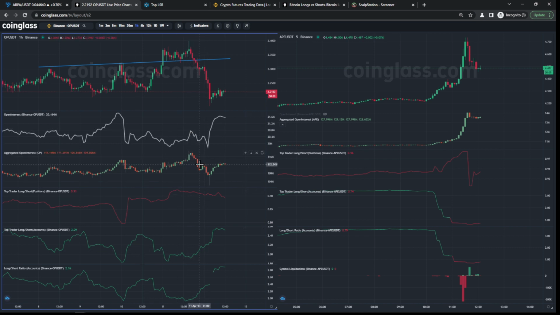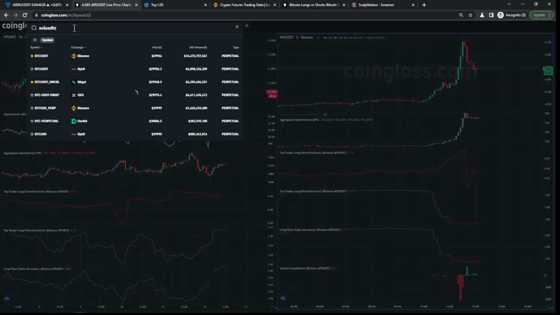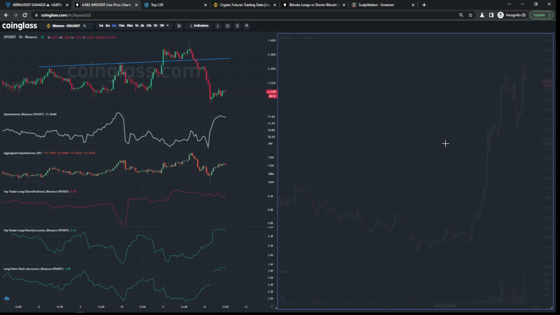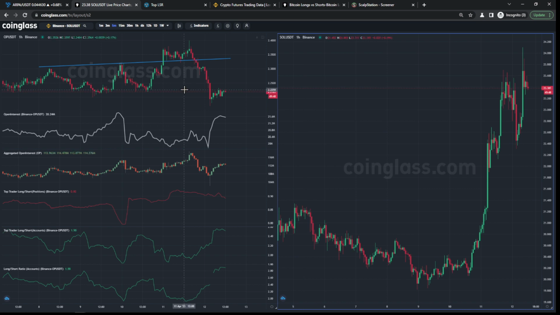So open interest is the amount of contracts that are open in that coin, which means when a lot of contracts are open, there's a lot of interest in the coin from the market makers. I'm gonna put Solana here for this purpose. As you see, when I load a new chart, I need to put the indicators again.